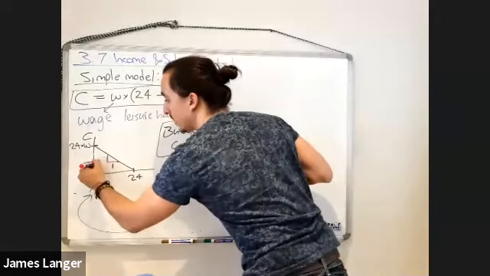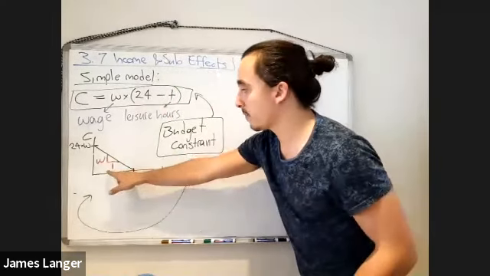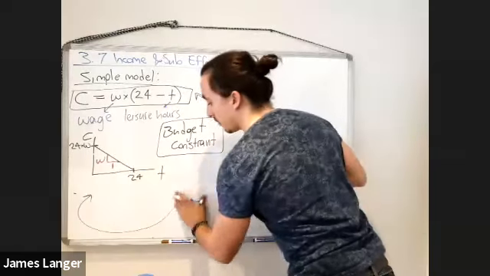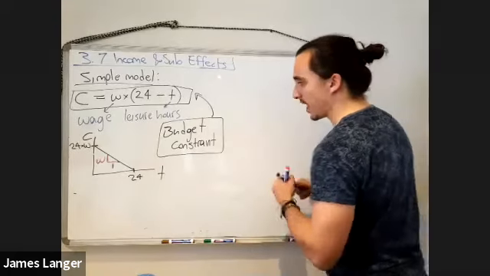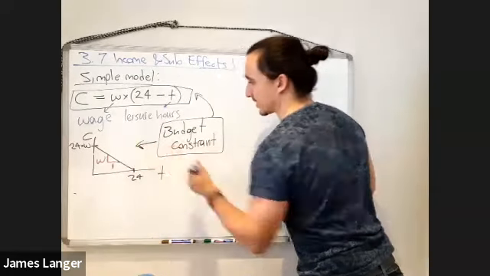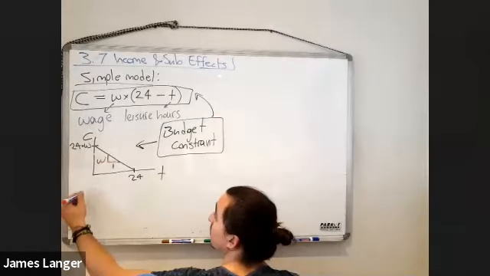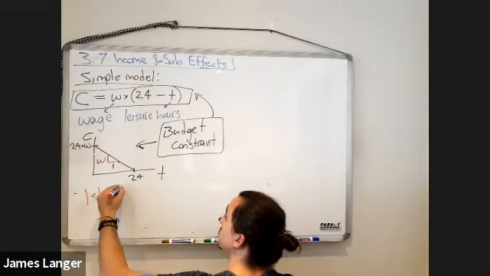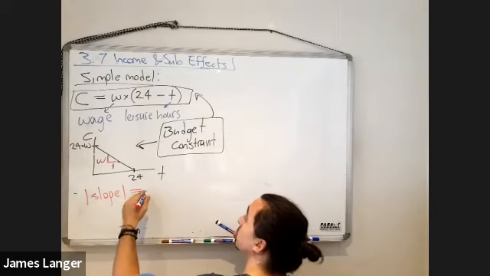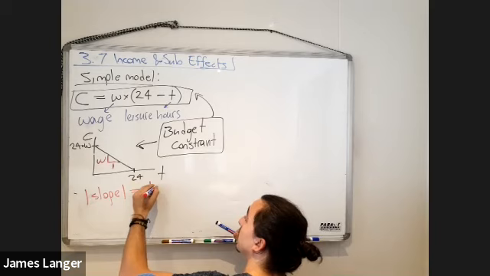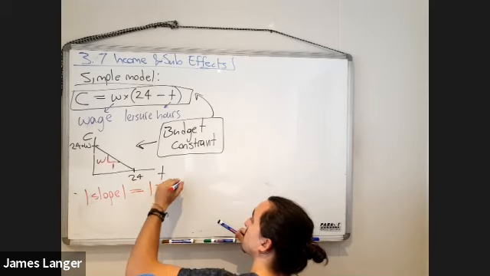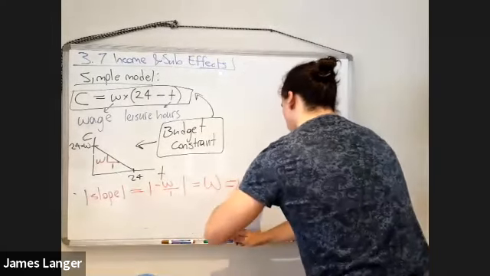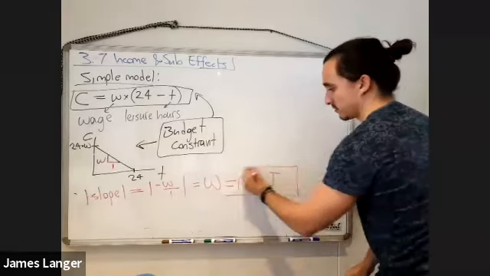Okay? If I give up 1 hour of leisure, I'm going to get paid 1 more hour of wage. So if I take the absolute value of the slope of the budget constraint, that's going to be equal to the absolute value of minus W over 1, which is equal to W. And that is the marginal rate of transformation.